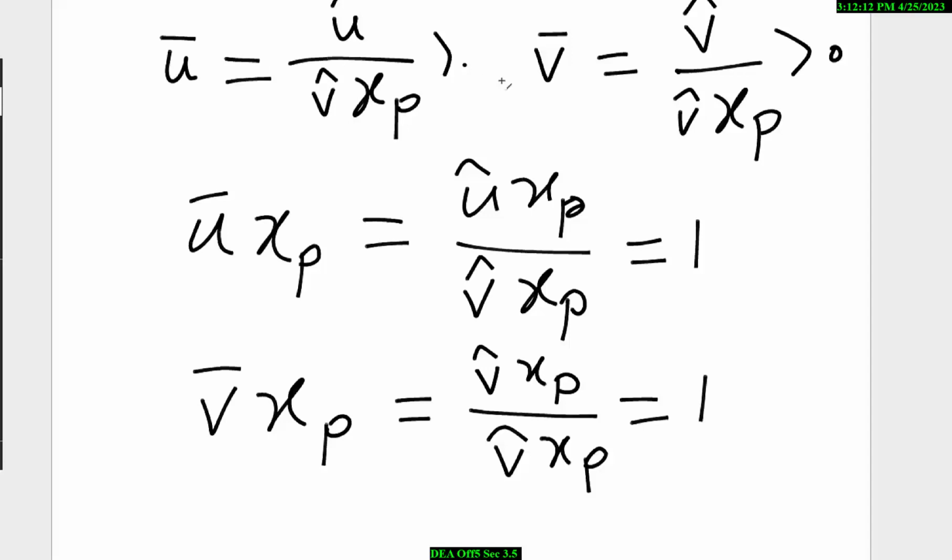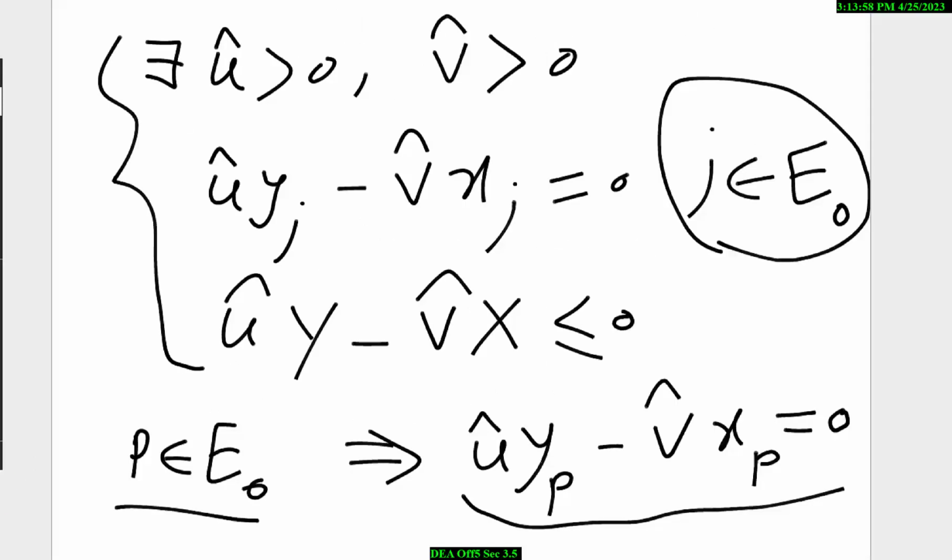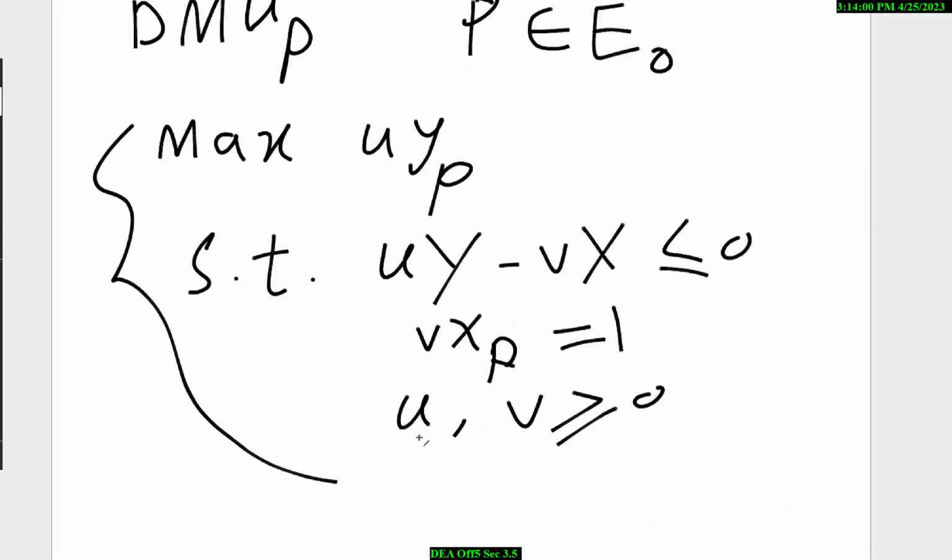Indeed, we will show that U bar and V bar are the optimal solution of this model which evaluates DMU P to prove DMU P is CCR efficient.